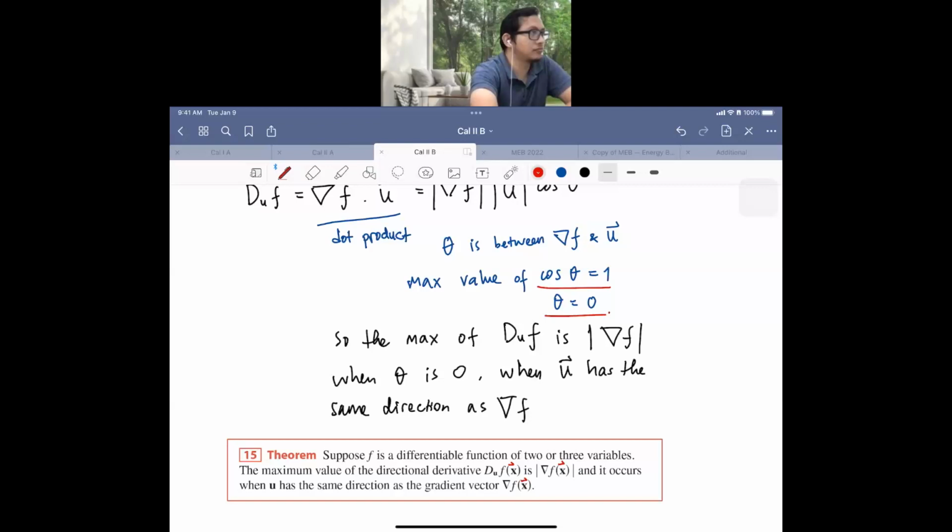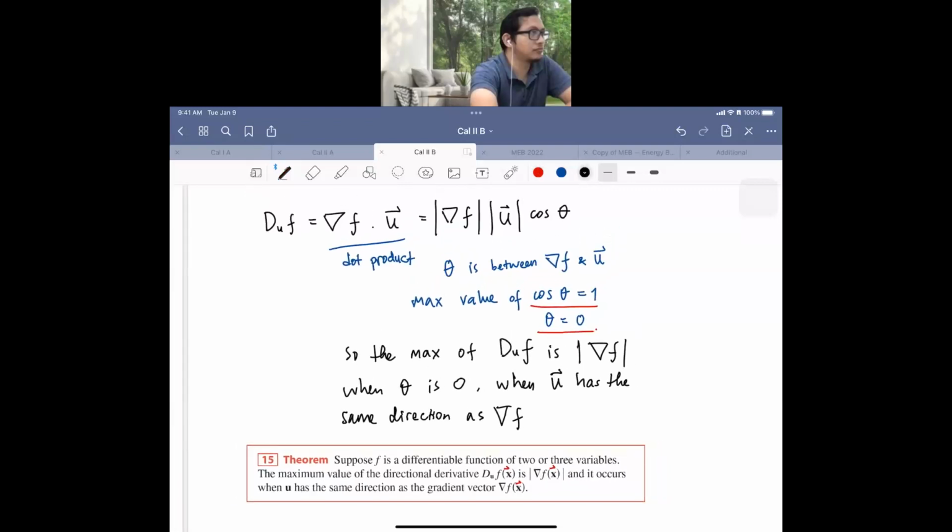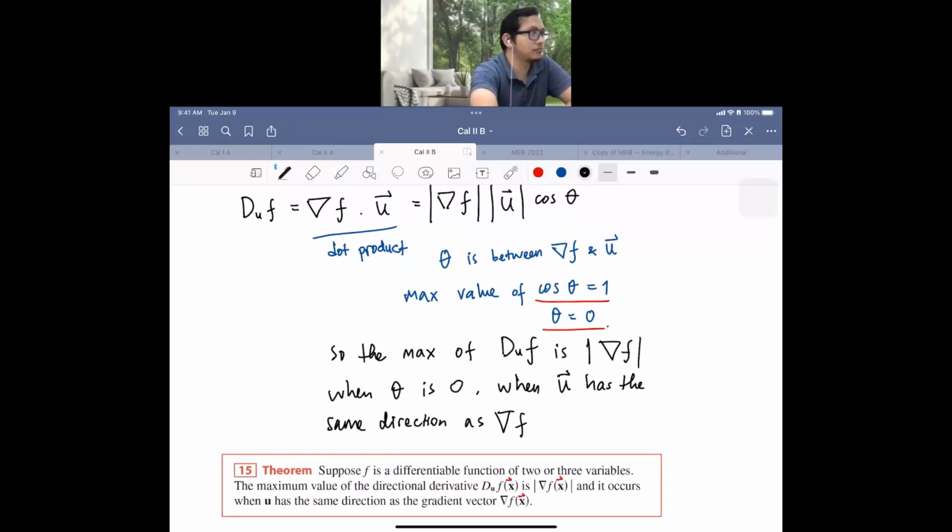Let me give you a context on how we can apply this theorem. If you want to write, I think the important thing is the first part here, which states the assumptions for how to get the directional derivative to be maximum.